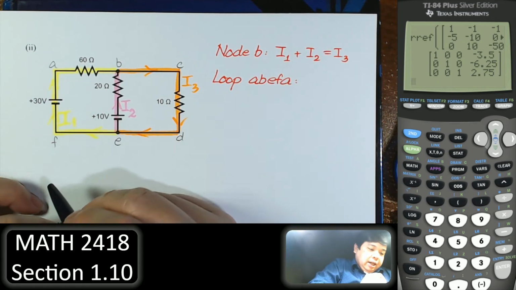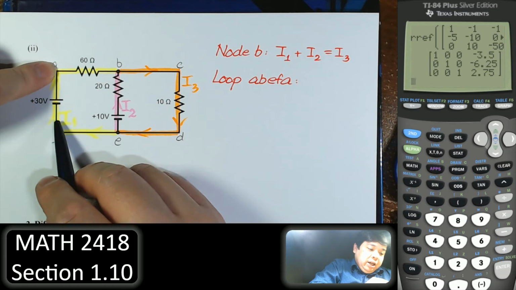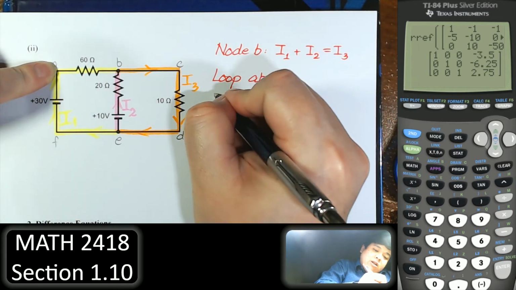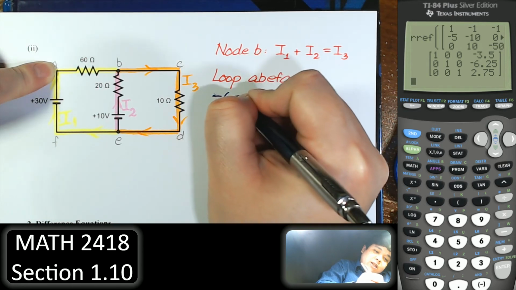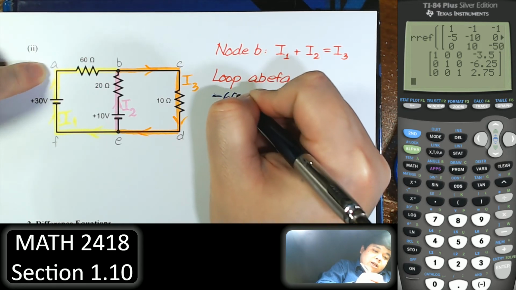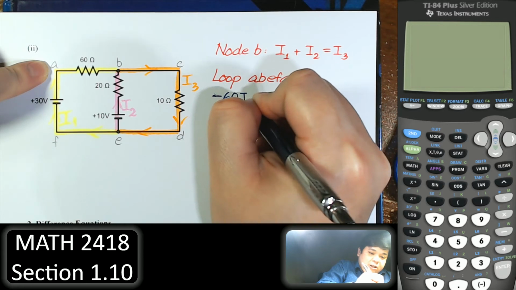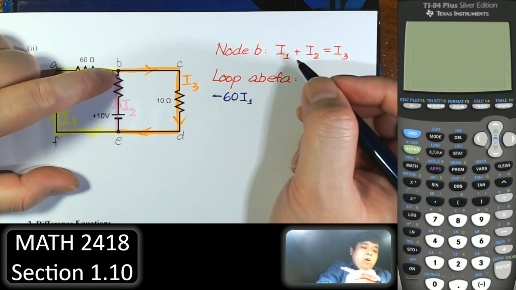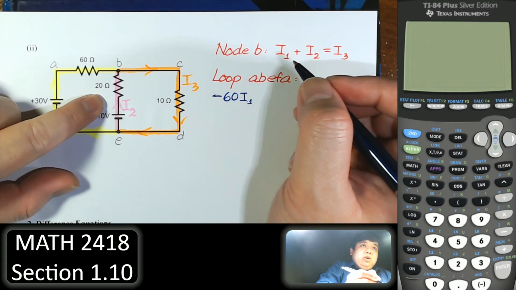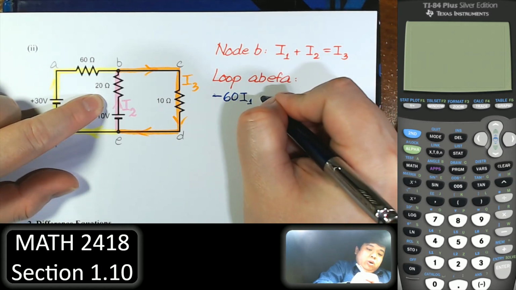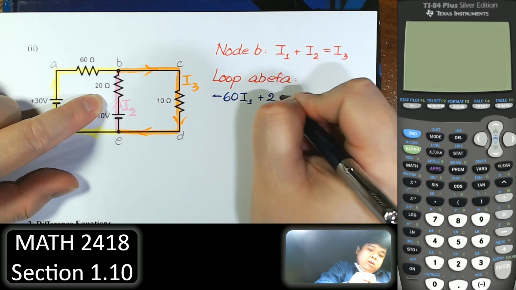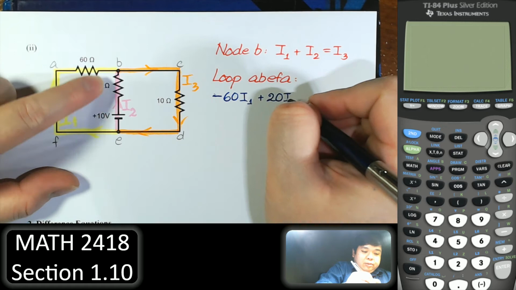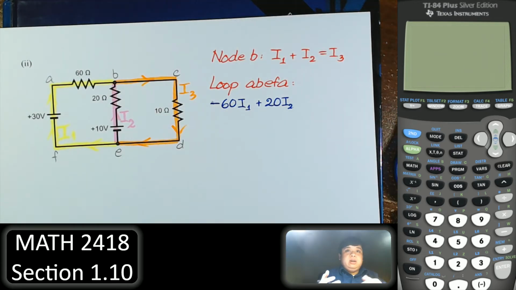Right, let's start from A. We go with the current, so it's going to be minus 60 times the current I1. And then next, we go against the current at the resistor of 20 ohms. So we're going to plus 20 ohms times current I2, because we go against the current.